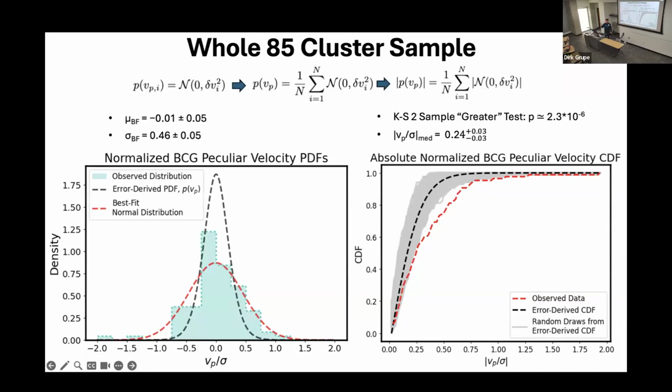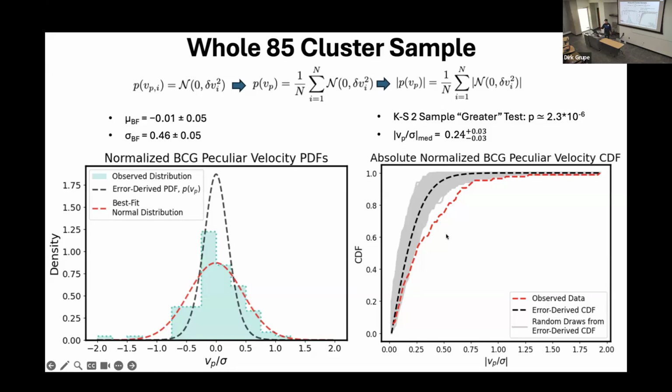And we combine these into a single parent distribution to describe the situation for a whole cluster sample. And then we can also take the absolute value of that distribution to get a description of the magnitudes of these offsets. And what we do is we compare our observed distribution to this parent distribution, described in the case where the true BCG peculiar velocities are 0 and the observed offsets are just due to measurement uncertainty.